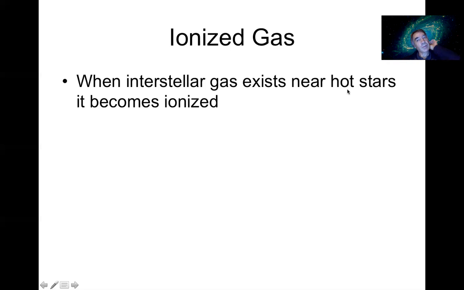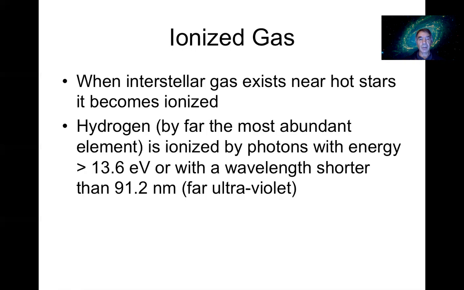So you're going to need hot stars that pump out a lot of extreme ultraviolet radiation in order to ionize hydrogen. That is because the amount of energy you need to ionize hydrogen is, again, a familiar number now perhaps, 13.6 electron volts.